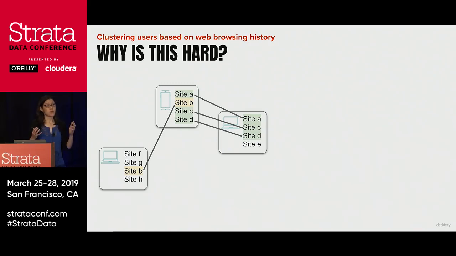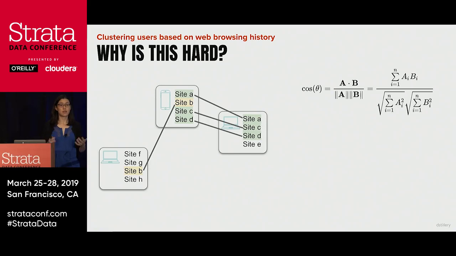So we say that the ones that have more websites in common are going to be closer together. We can define this mathematically. It's probably not what my clients are thinking, but you can define, say, a cosine distance, like 1 minus the cosine similarity I'm showing here. So this is essentially a measure of the relative overlap of the history between these two users. So how much of their browsing history do they have in common?